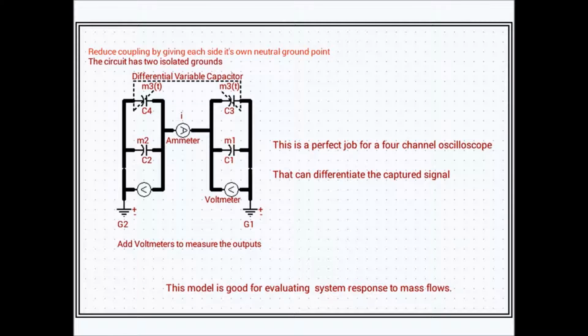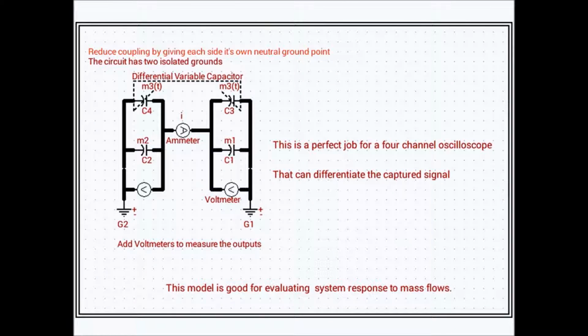So a 4-channel oscilloscope would be the perfect device, or if you have a 2-channel oscilloscope, you can use it to measure one voltage and the current, or both voltages, and use another ammeter to measure the current. But the important thing we have done here is decouple these blocks by giving them each their own neutral ground connection.